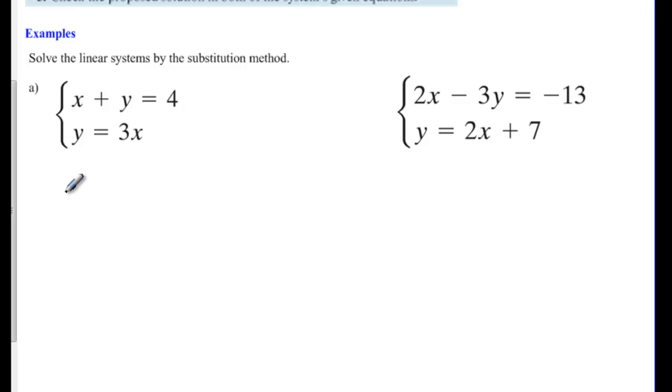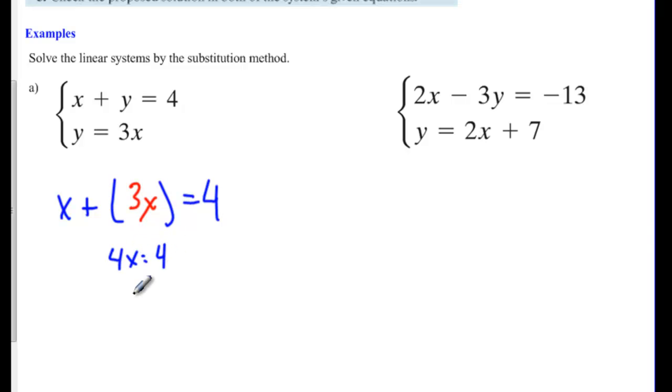This top equation is x plus y equals 4. Instead of the y, I'm putting the 3x. So now I have x plus 3x is 4. So 4x is 4. Divide. X is 1.